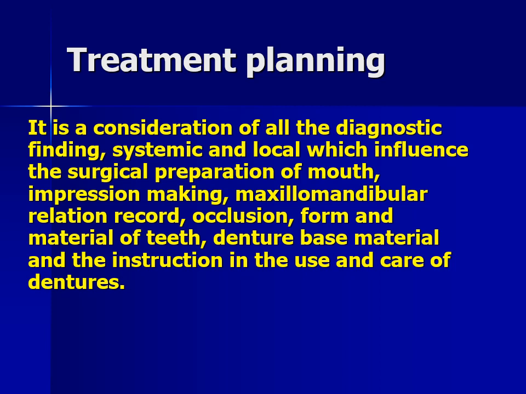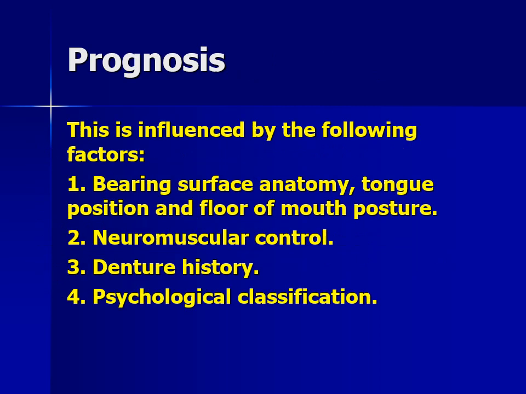Well, the treatment planning of the patient is the consideration of all diagnostic findings, whether systemic or local, which influence the surgical preparation of the mouth, impression making, maxillomandibular relation record, occlusion, form and material of teeth, denture base material, and the instruction in the use and care of the dentures.